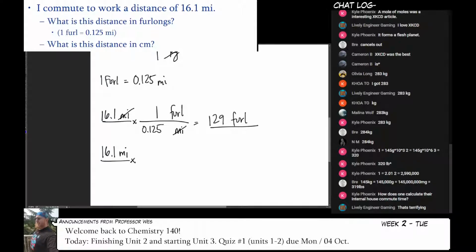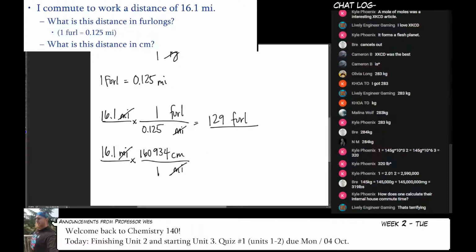And it goes, oh, 160,934. That's fine. So we'd set up our units like this, and then according to Google, this is how many centimeters are in a mile. And you just multiply those together.